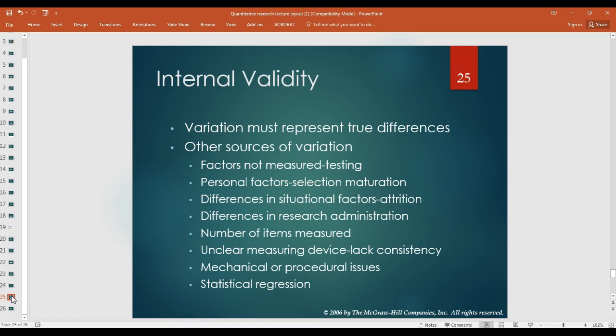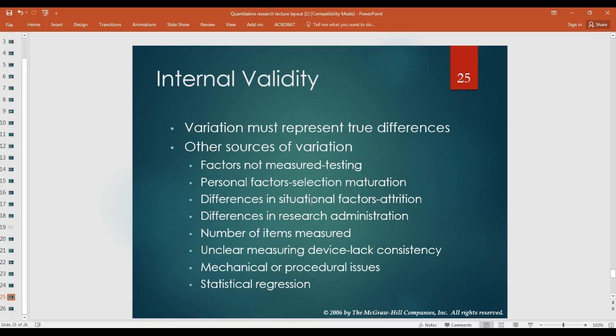So if it's a longitudinal research, which means it happens through a long time, then there might be some sort of change or factors in your participants themselves. They're changing, they're maturing, there's something happening in their lives. Could be a variation in differences in situational factors. Situation differs from your pre-test to your post-test.